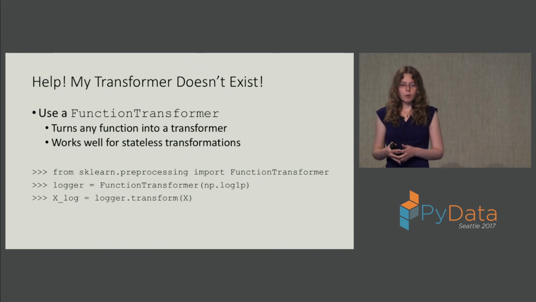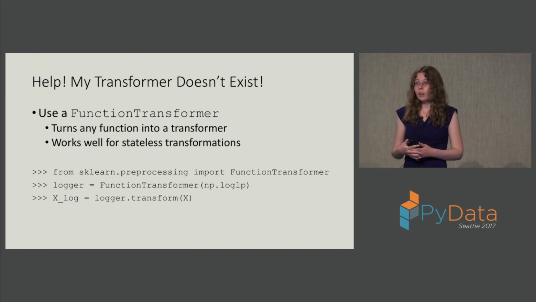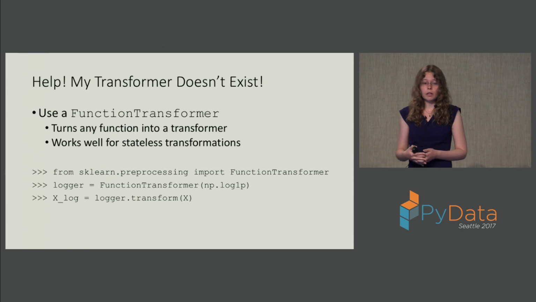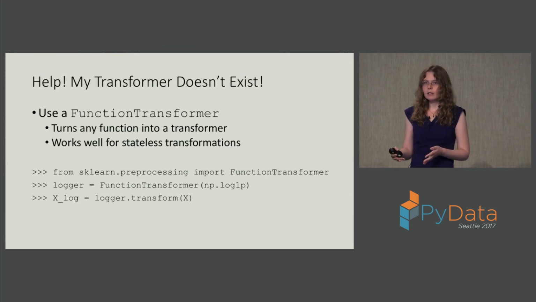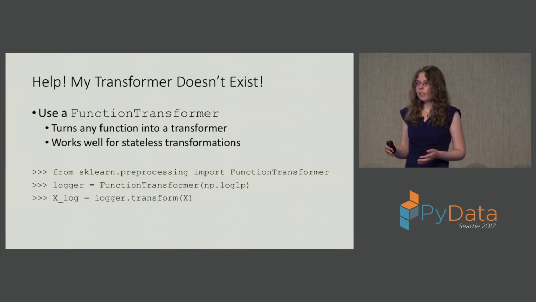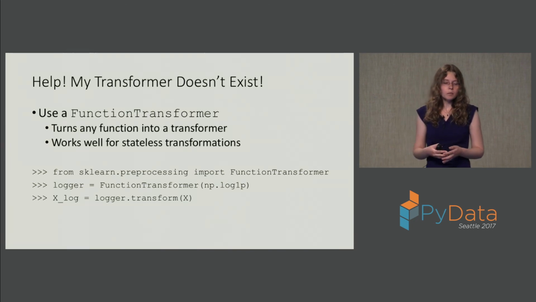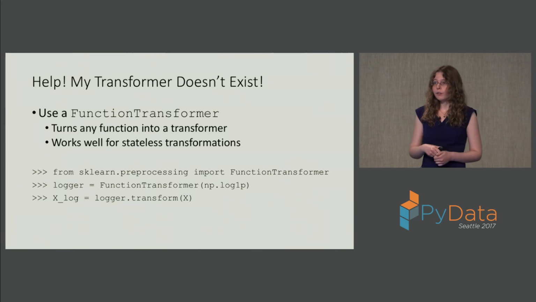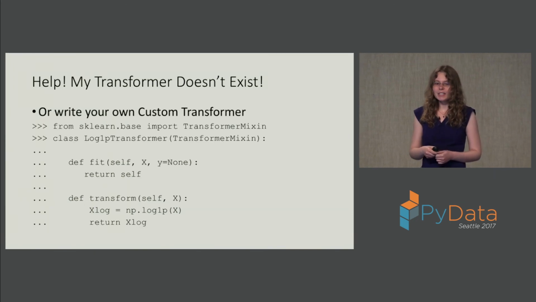So for example, we want to use this log 1p, which adds 1 to your x variable and then logs it. So it means that the zeros won't result in negative infinity values. So all you have to do is create a function transformer object, pass in that function, and then you can call transform with it. Or you can write your own custom transformer.